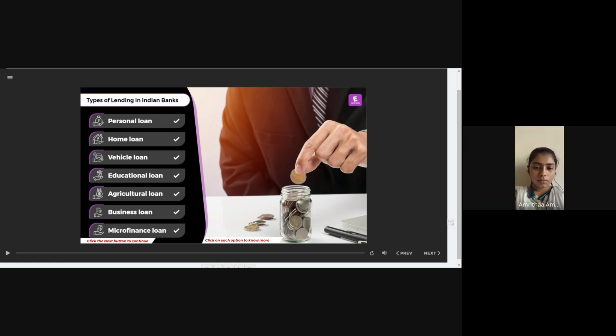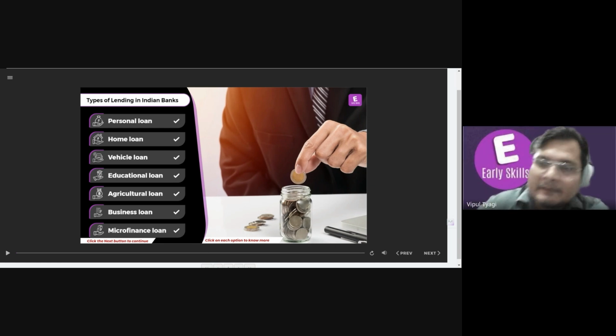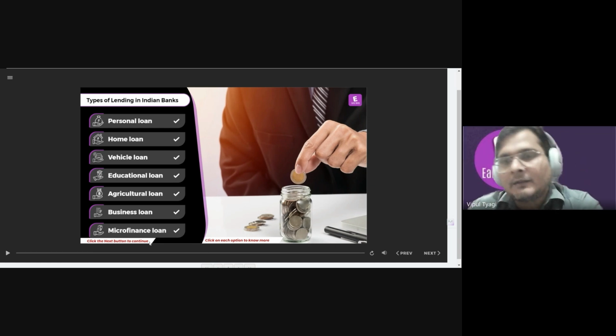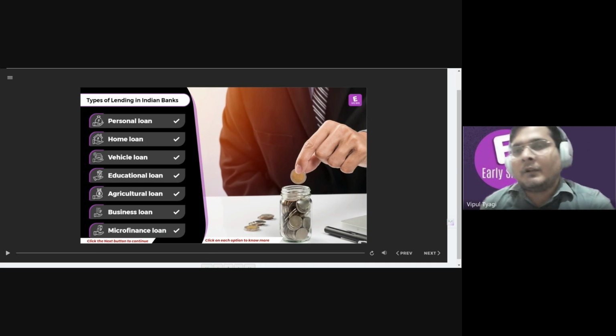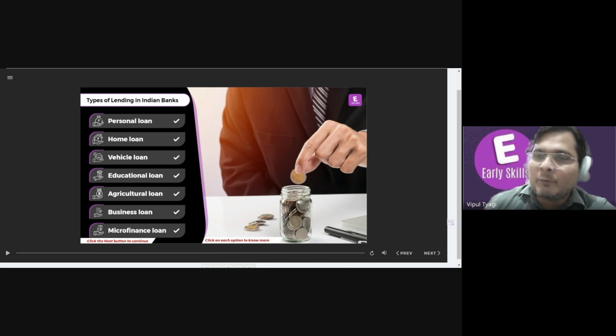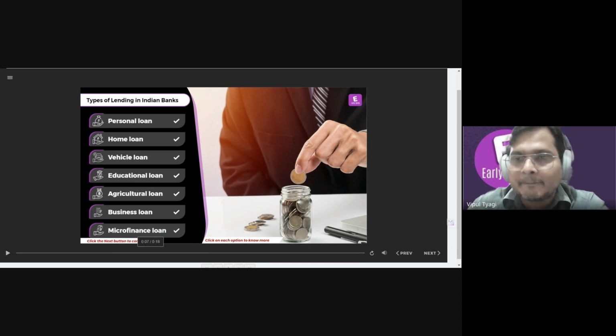Microfinance loan. Micro means small, finance means loan, so small loans. These small loans are provided to people who are not able to deposit collateral or security, people who are very poor, disadvantaged people.